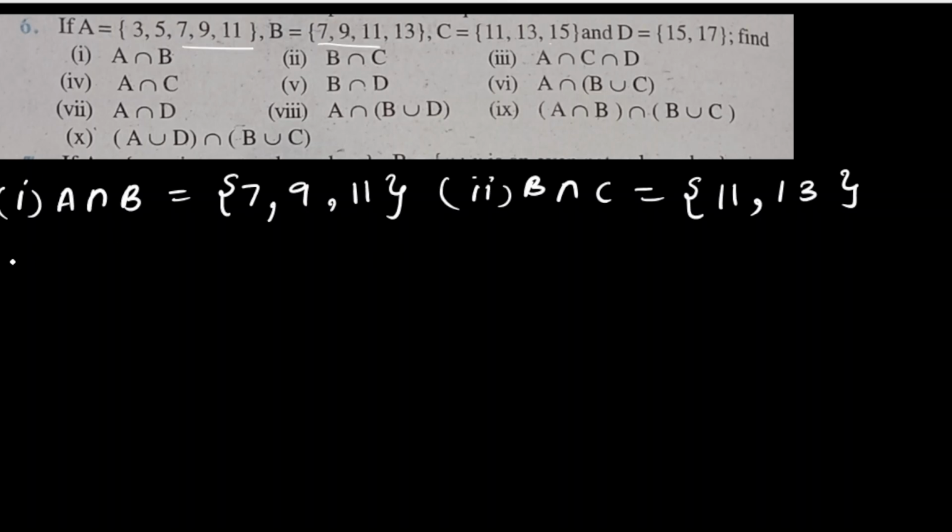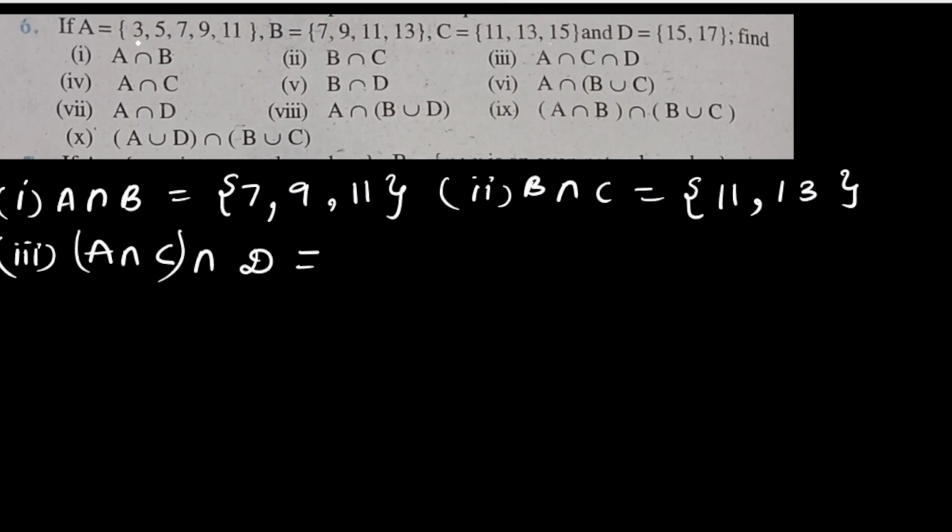Now next, third part. Third part is A intersection C intersection D. So like this we can do. First of all, let's find A intersection C. Same, common elements we have to see.